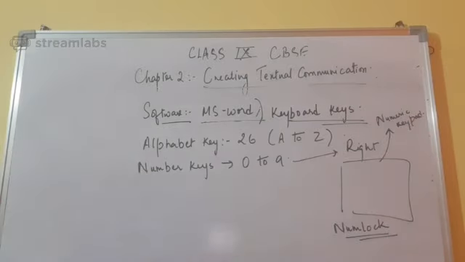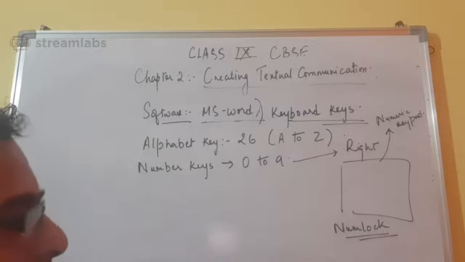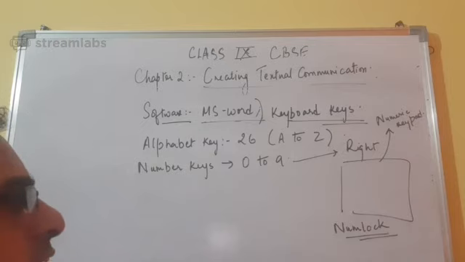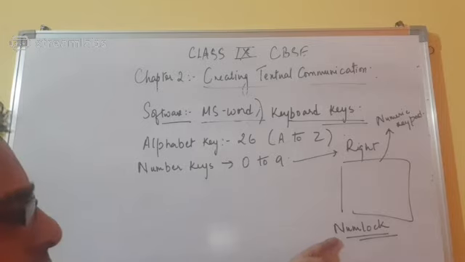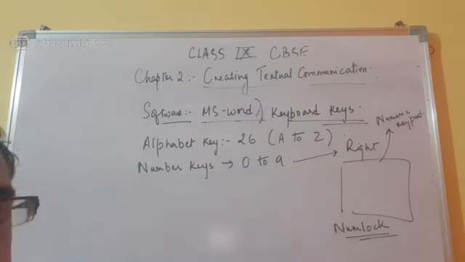The numlock key is a special key, a toggle key. Toggle key means pressing the same key makes the function go on, and pressing the same key once more makes the function go off. A particular light will glow on the keyboard, which indicates whether you will be able to type numbers from the right side of the keyboard or not.